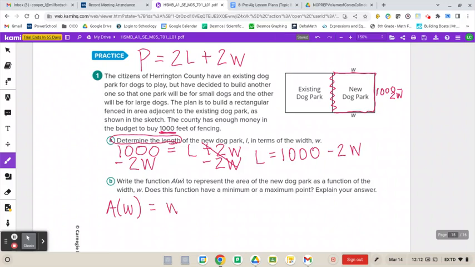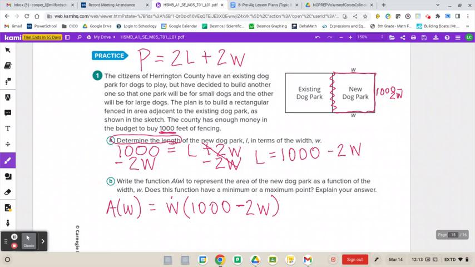So I do width times my length, which is 1,000 minus 2W. This is kind of like those frequency tables. Remember when I told you guys if there's something you don't have, you just need to use it as a variable? That's kind of what this is.